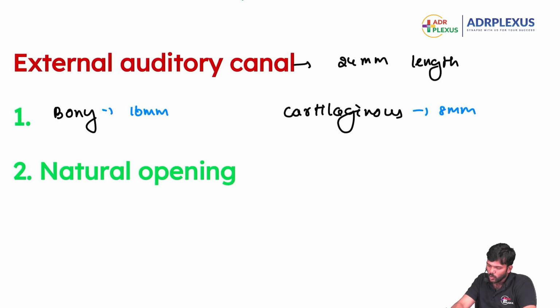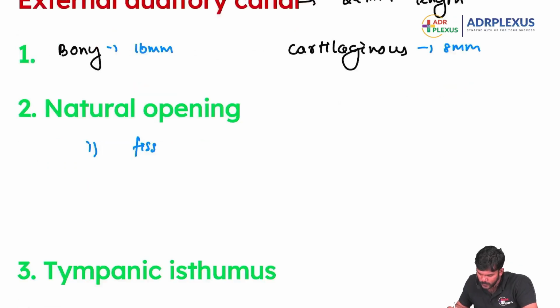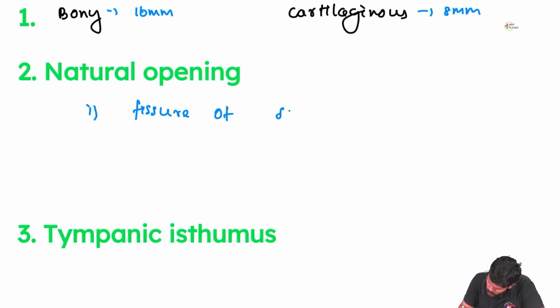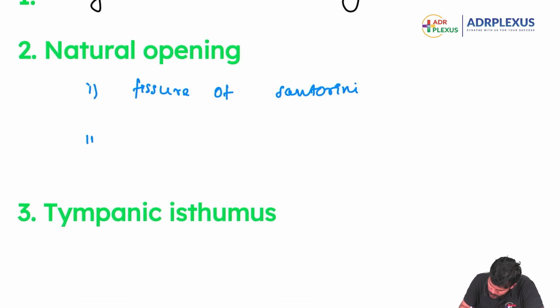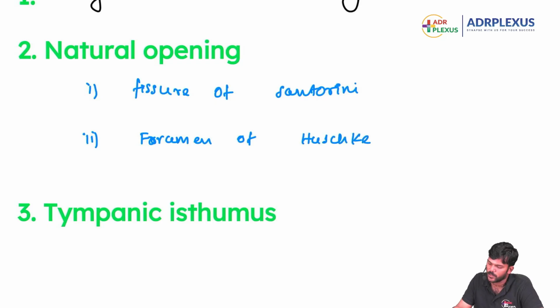We have two natural openings in the external canal. One is the fissure of Santorini, and the second one is the foramen of Huschke.